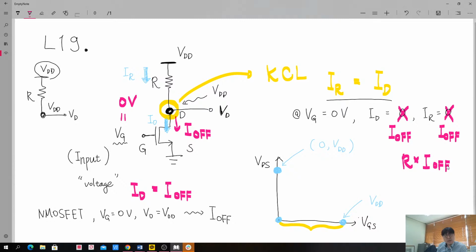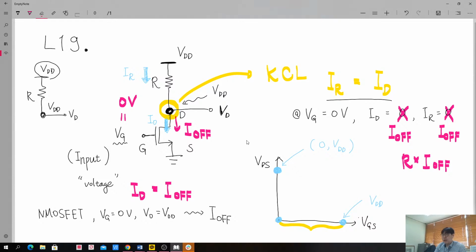But it is certain that if we have considerably high Ioff, then this system will allow non-zero current even with zero input voltage.